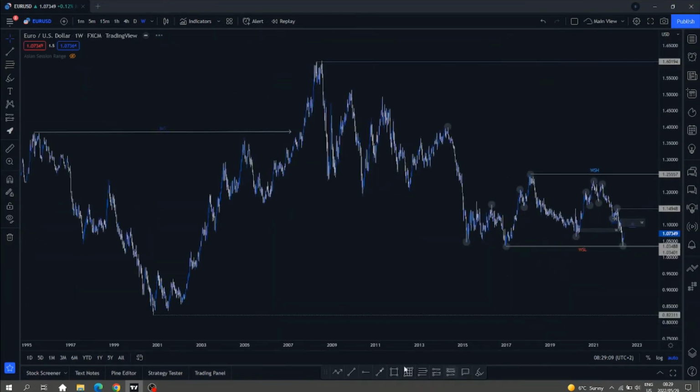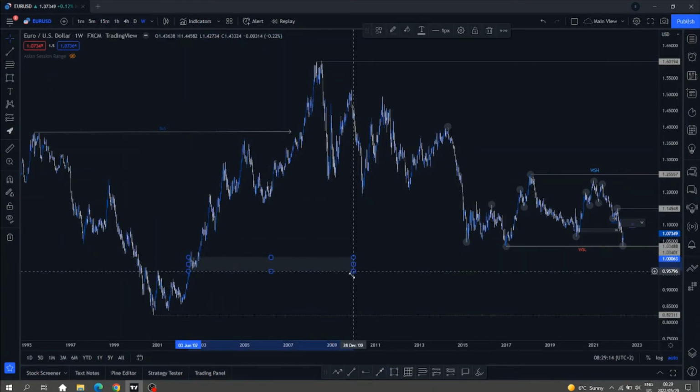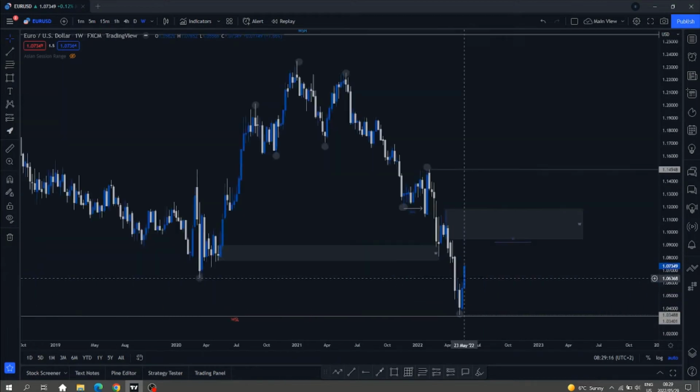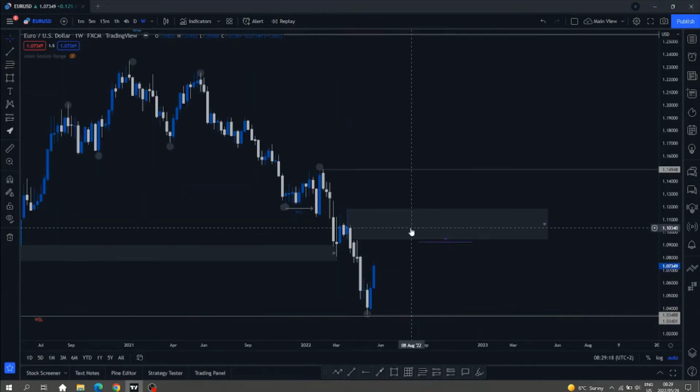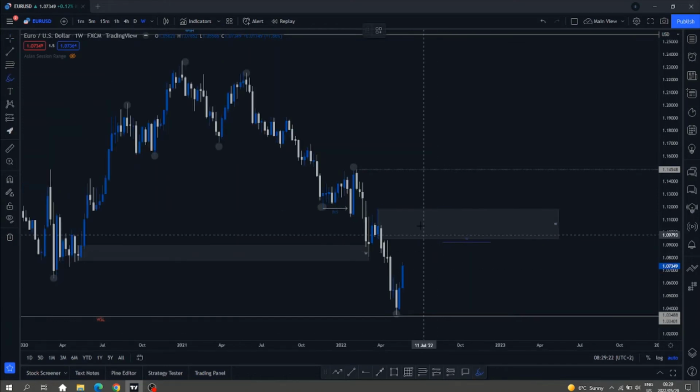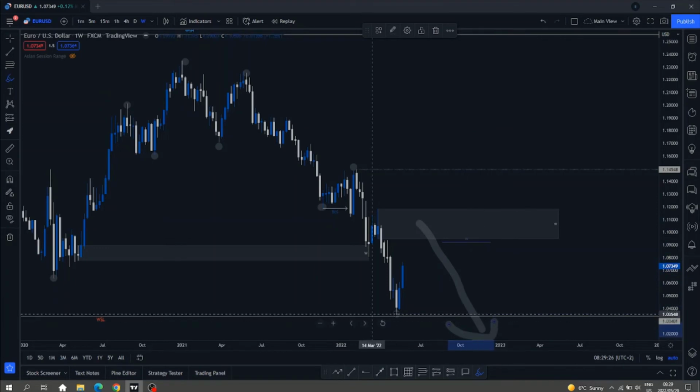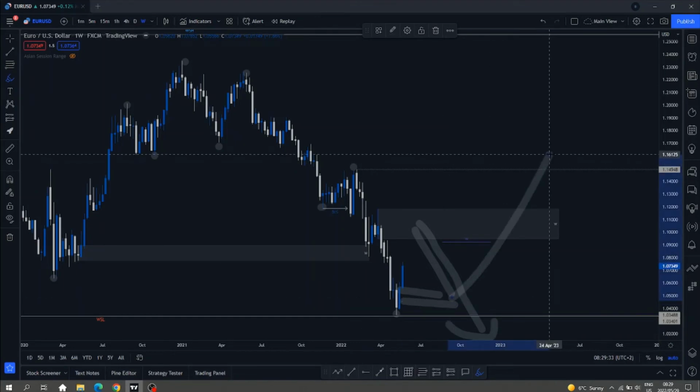But if you zoom out, you'll see that we've got a demand zone that sits in here. So there is potential for price action, once it pulls back towards our equilibrium and interacts with this flip zone, that we could get enough momentum to either push price past this weekly swing low level, or maybe fill some imbalance down here on the daily before continuing higher, right?